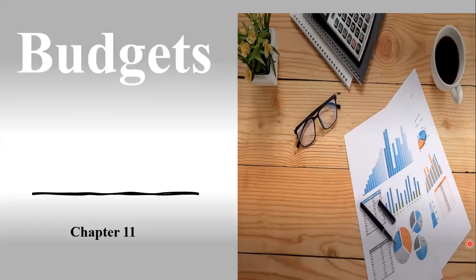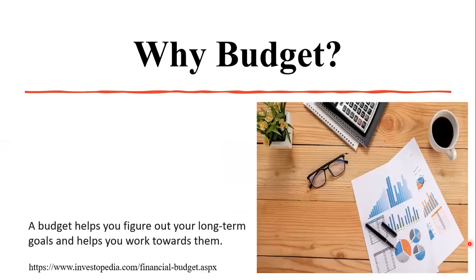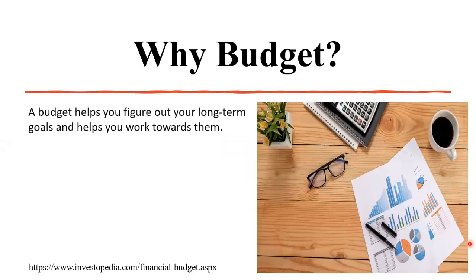Okay, let's have a look at budgets. Here are some guidelines. Firstly, a budget is simply a spending plan that takes into account both current and future income and expenses. Having a budget keeps you in check and makes sure your savings are on track for the future.